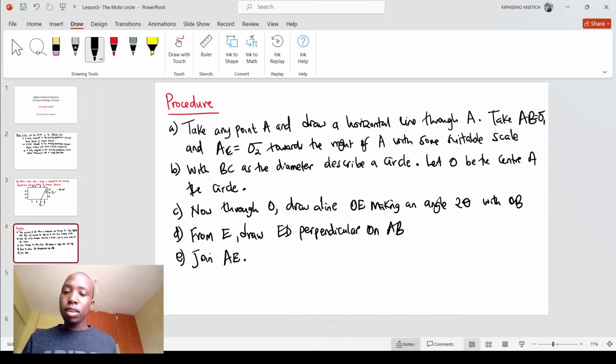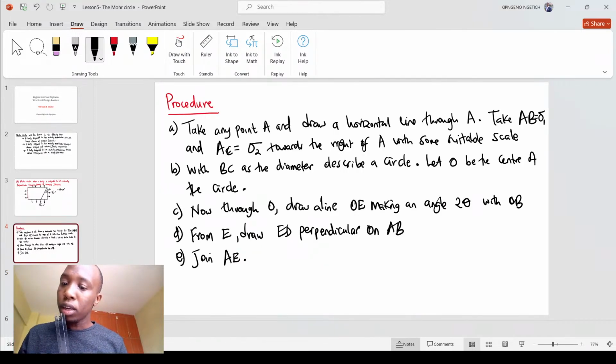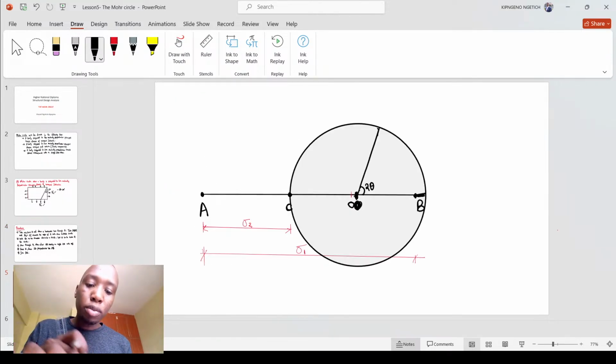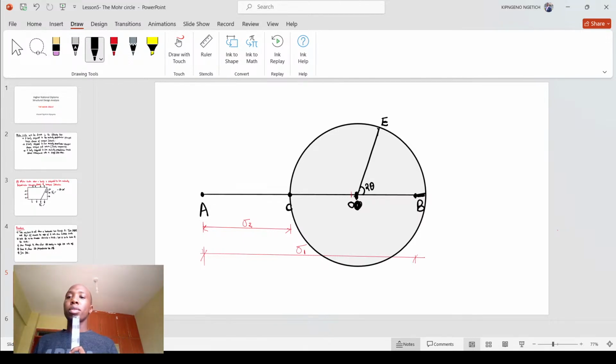The next step is, from E, draw ED perpendicular on AB. First of all, you have to draw a line OE. So this will be E. I hope you're getting this.